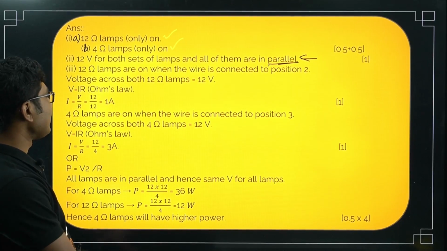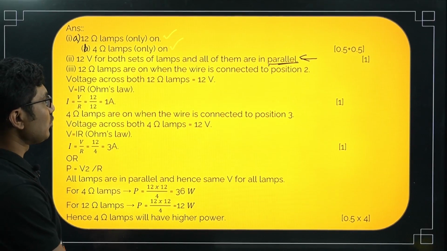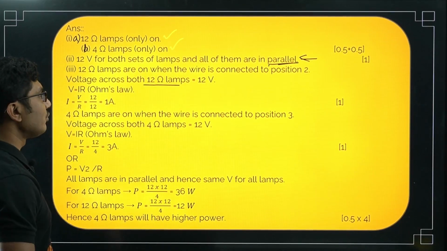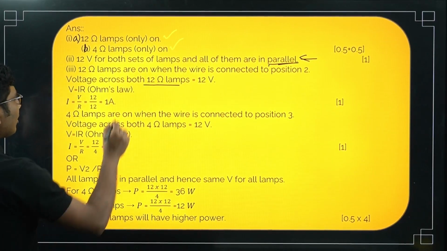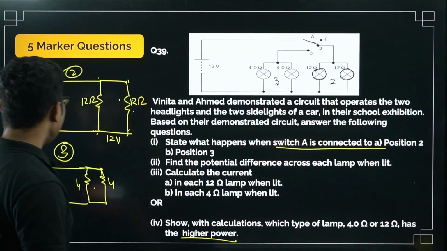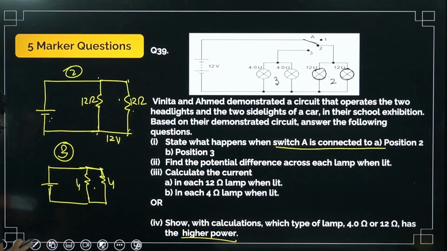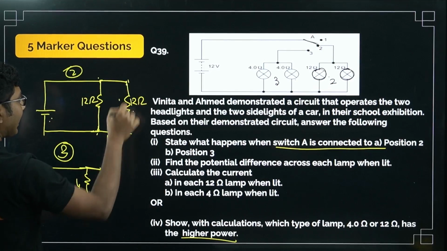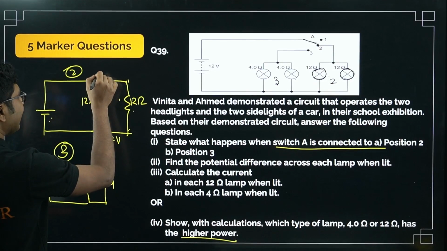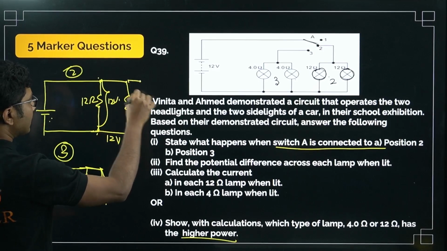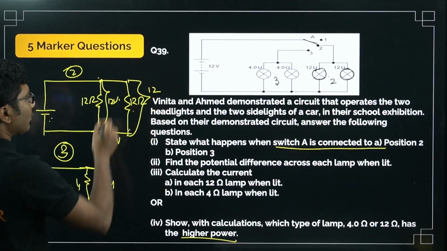When the wire is connected to position 2, the voltage across both 12 ohm lamps is 12 volt. So from Ohm's law, the current across both the lamps is 1 ampere. As I mentioned, both lamps are connected in parallel, so the voltage across this is 12 volt, across this is 12 volt, across this is also 12 volt. So what is the current?